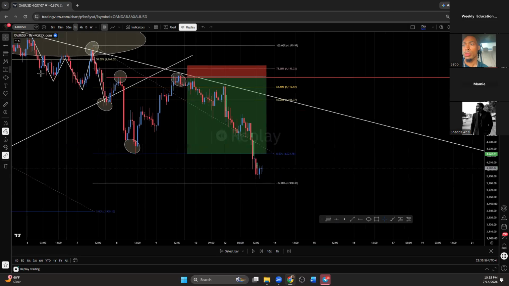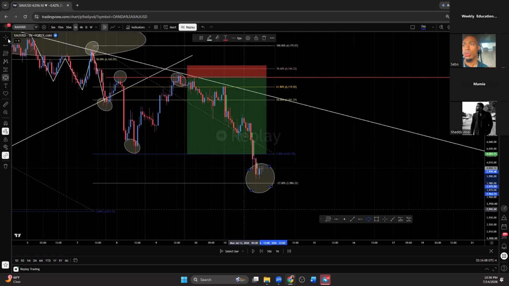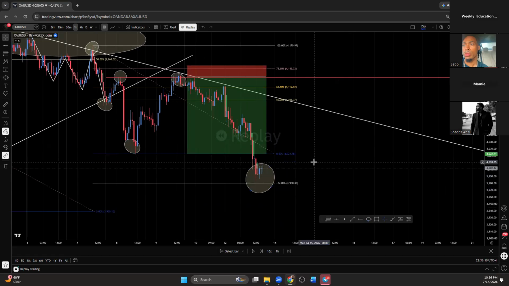But again, guys, I just asked y'all, if the market creates a lower low, someone said it creates a lower high. So if market creates a lower low then a lower high, what's the next thing we create? Lower low. After market creates a lower low, guys, what's the next thing market is going to create?